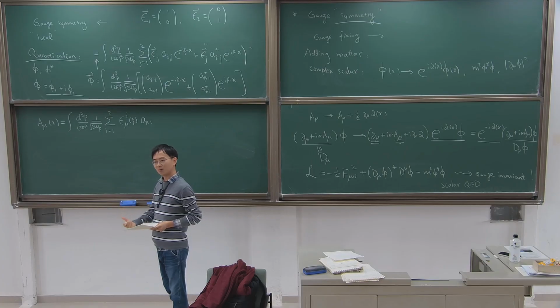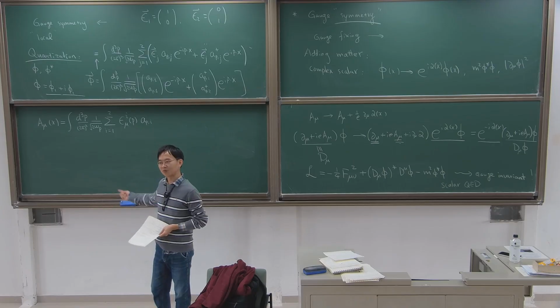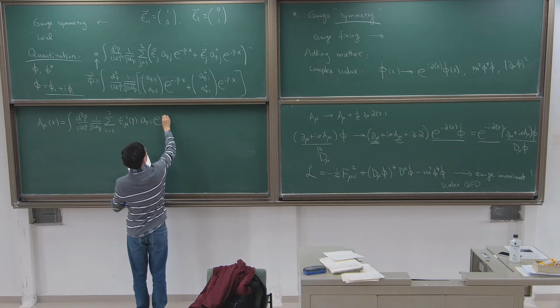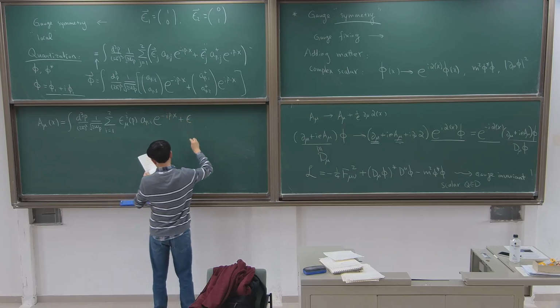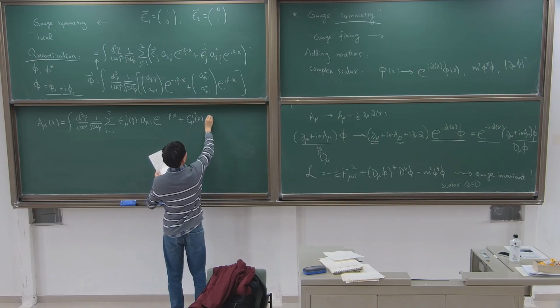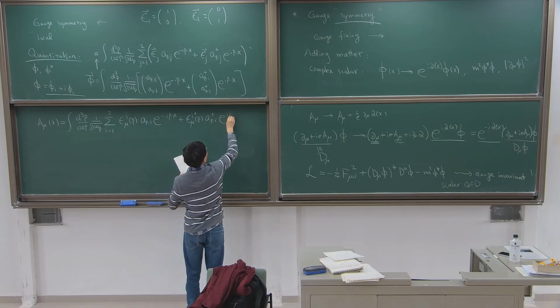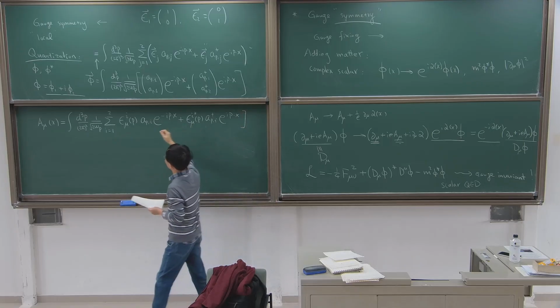If there is more than one, r runs from 1 to 2. And there's also a conjugate part. Let's write it in this way. That's it. I put a star here.